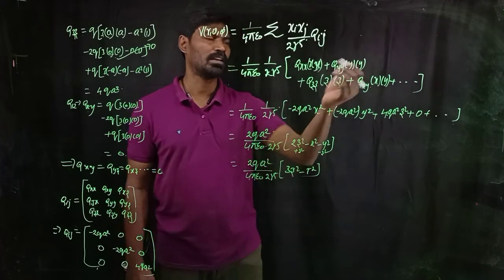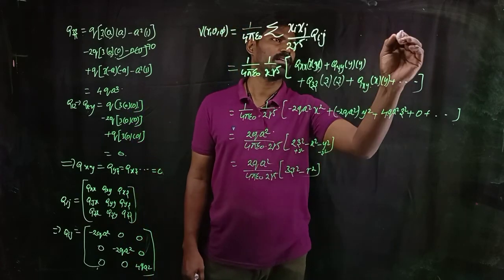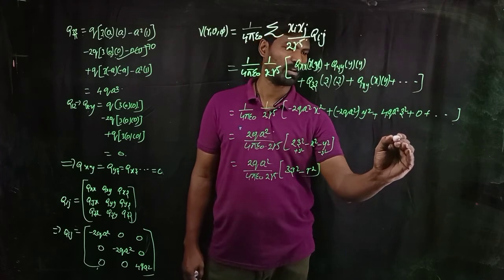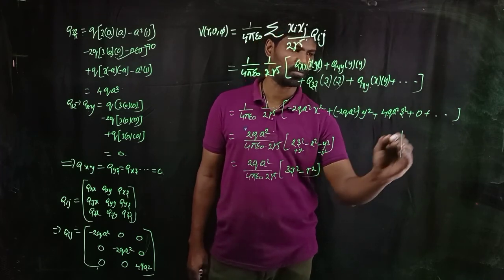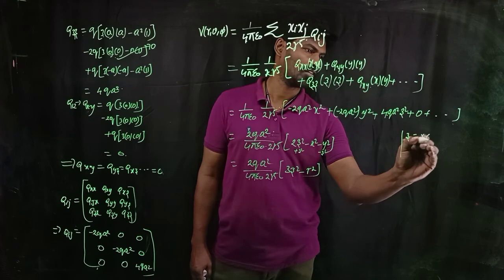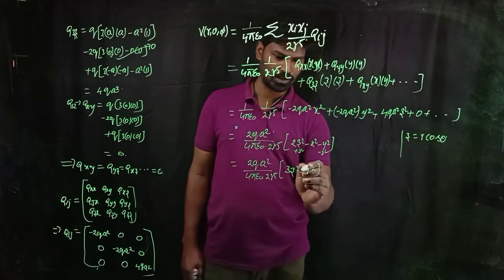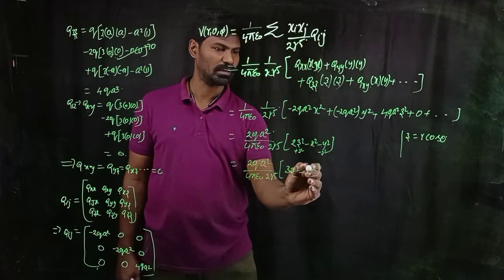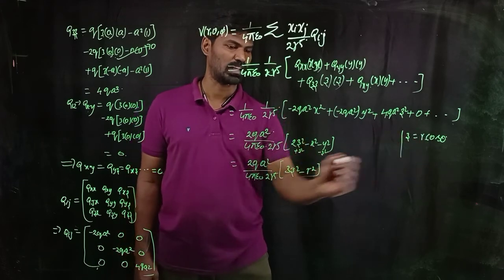Next, in spherical polar coordinates, what is the value of z in terms of rectangular coordinates? The relationship between rectangular and polar, z is equal to r cos theta only. So that only I am substituting here. If you substitute here, you can take r square out, because z square is r square cos square theta.